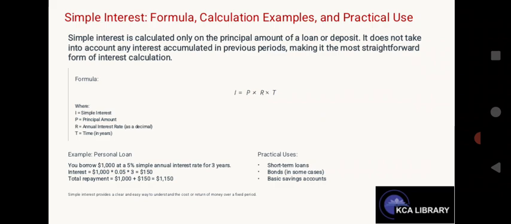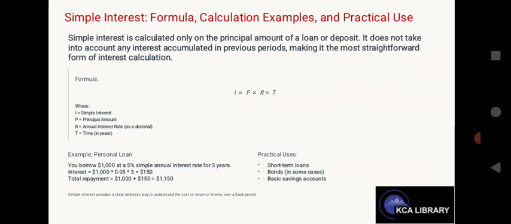For example, if you borrow $1,000 at a 5% simple annual interest rate for 3 years, the interest can be calculated thus: $1,000 times 5%, which is 5 over 100, which is 0.05. Therefore, it will be $1,000 times 0.05 times 3. At the end of the day, your interest will be $150.